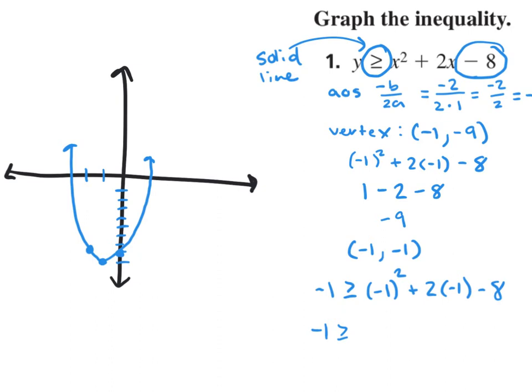So is -1 greater than or equal to -9? Yes. So are we going to shade the inside or outside? We shade the inside. So since this works, that means we shade the inside.